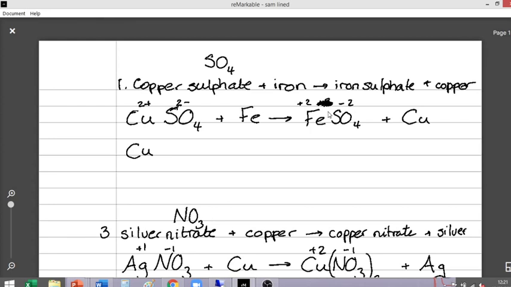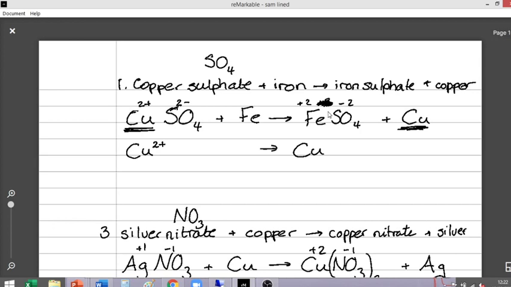So here, in the half equation, the copper is present in its ionic form. It's there as Cu2+. On the right-hand side of the equation, it is present as just its elemental form, Cu.